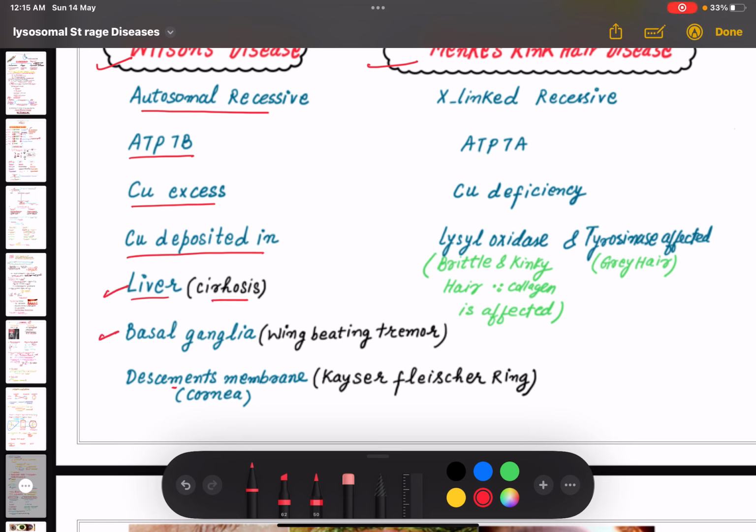Once the copper is deposited in the basal ganglia, it leads to wing beating tremors. Also remember that copper is also deposited in the Descemet's membrane of the cornea, which leads to Kayser-Fleischer ring.